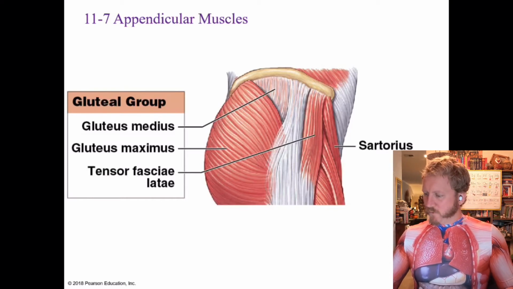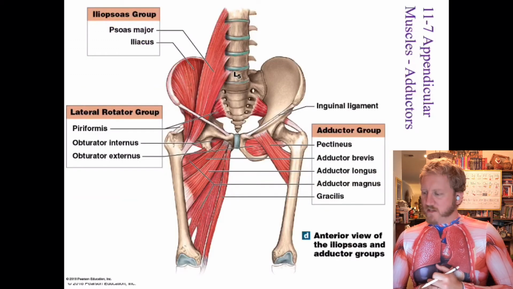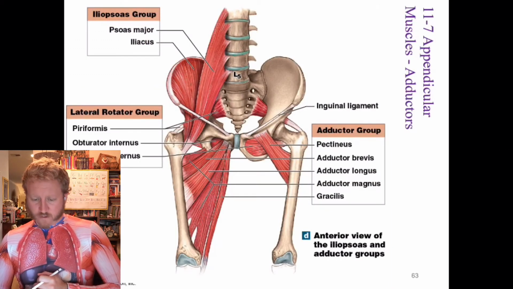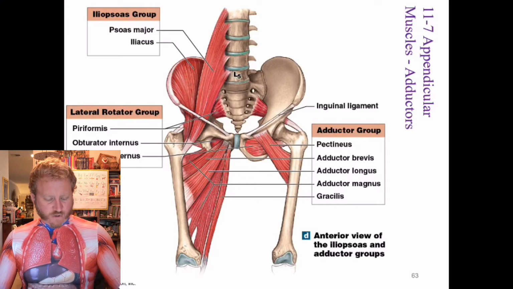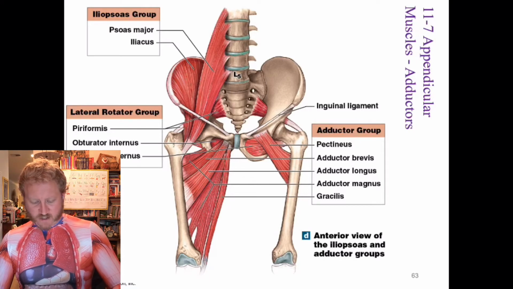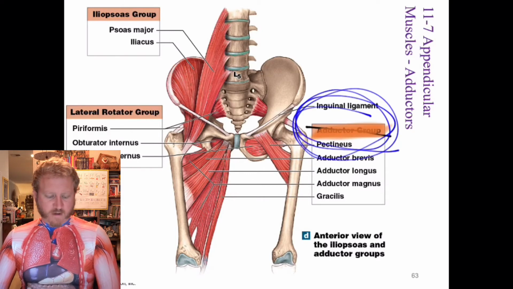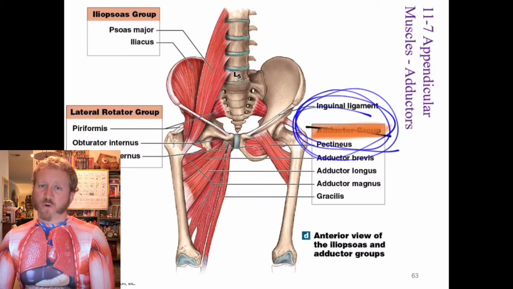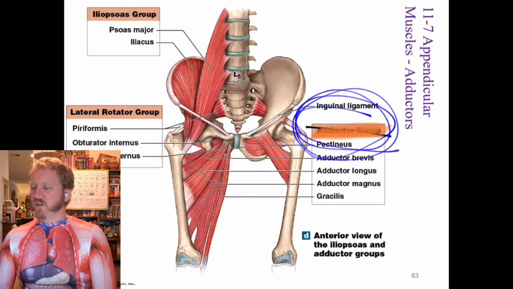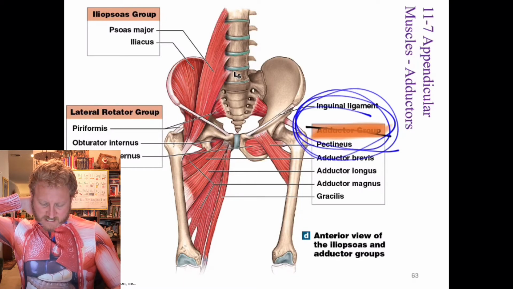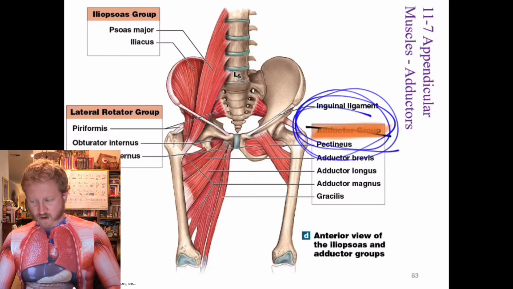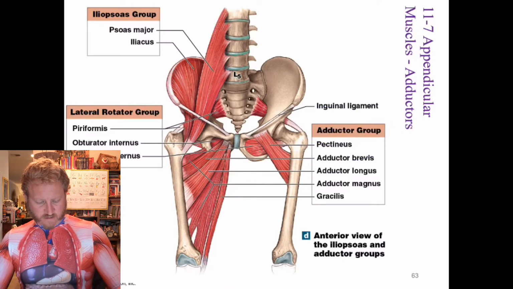Okay. We've got adductor muscles. We have several with these, and this is another one where you just need to know about the adductor group. You don't necessarily need to know the individual muscles of the adductor group. So the pectineus, the brevis, the longus, and the gracilis do hip flexion. So let me clear this out just a little bit.